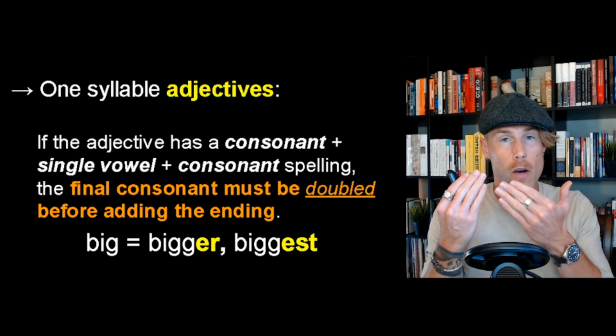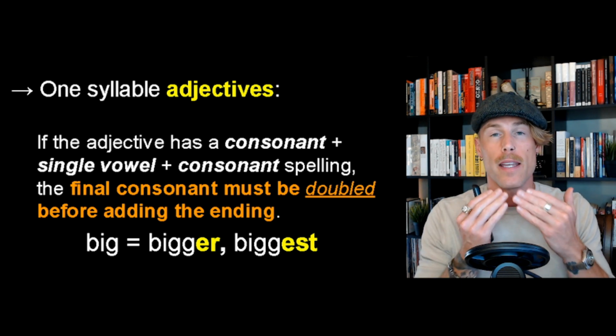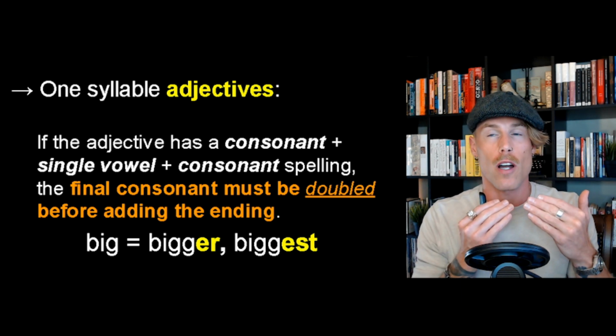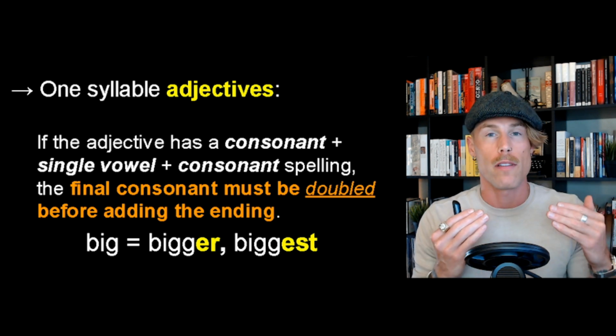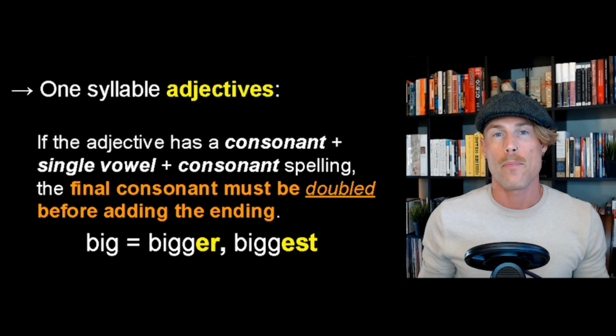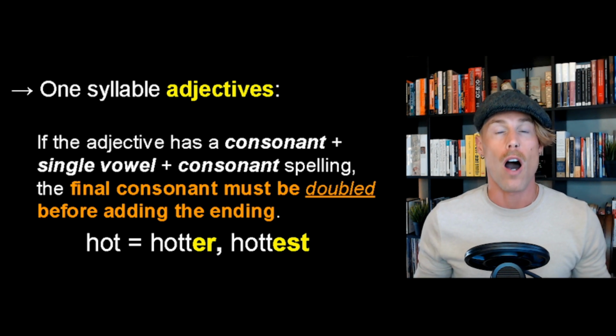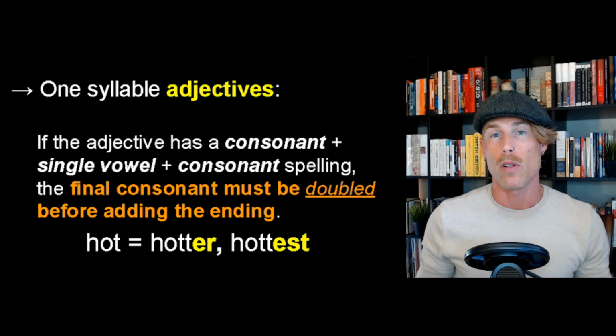Consonant, vowel, consonant. B is a consonant, I is a vowel, G is a consonant. So we double the G. B-I-G-G-E-R. B-I-G-G-E-S-T. Same with hot. Hotter. Hottest. Double the T.